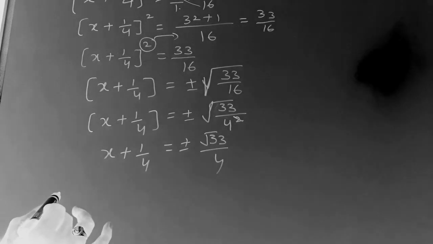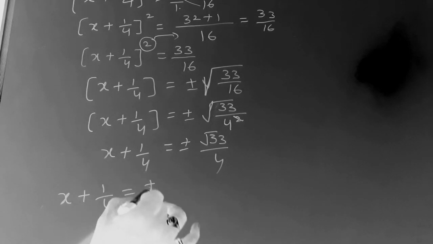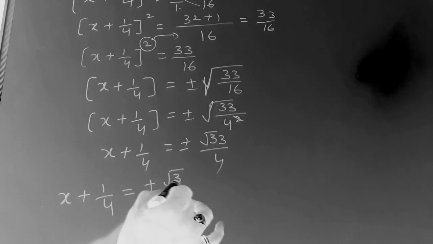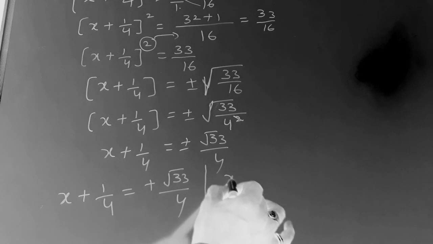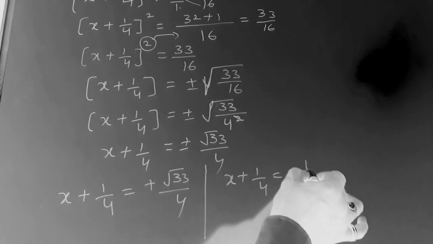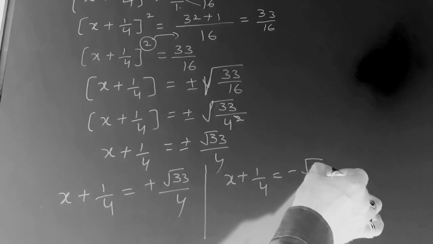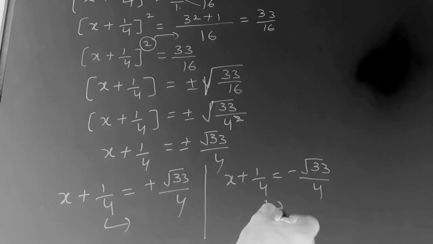So one time you take x plus 1 by 4 is equal to plus root 33 by 4. Another time you take x plus 1 by 4 is equal to minus root 33 by 4. Now you send this 1 by 4 to the right side.